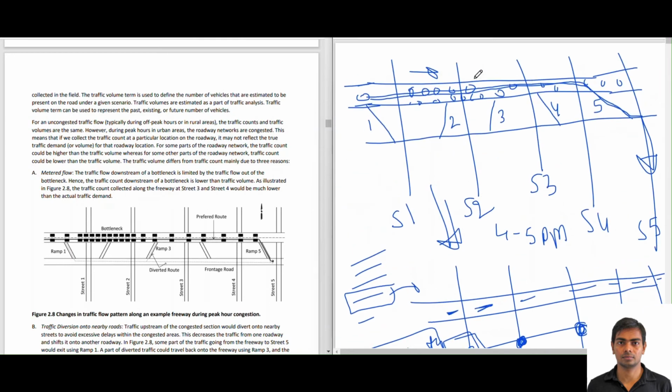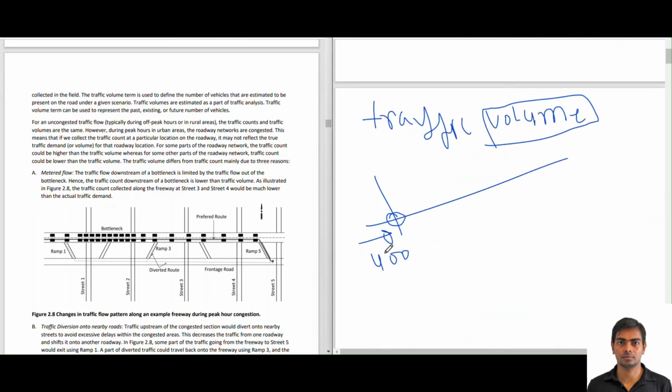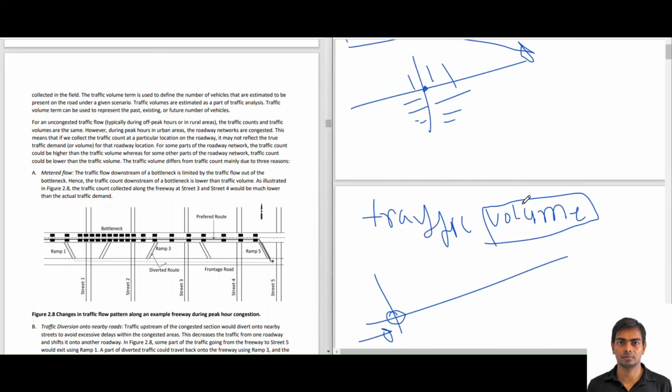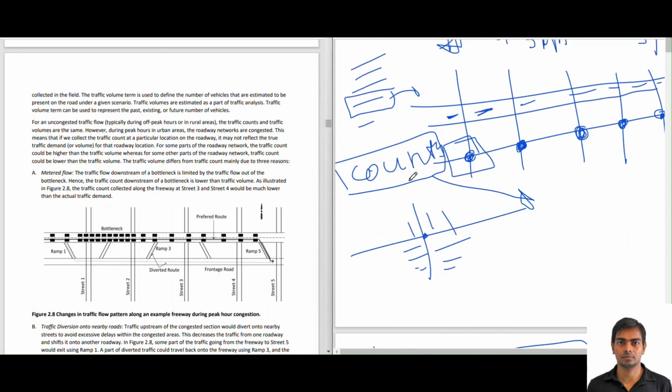However, since there are various things happening at different parts of the network, this volume may be lower or higher. So that's one of the biggest challenges in the field of traffic operations: how do we handle volume versus counts? Because we cannot observe the volume, we can only estimate it or take an educated guess.